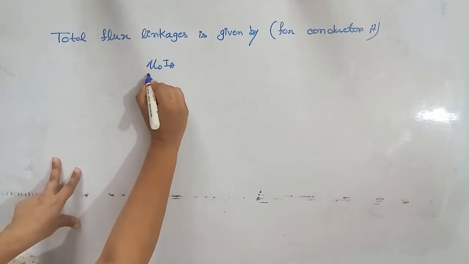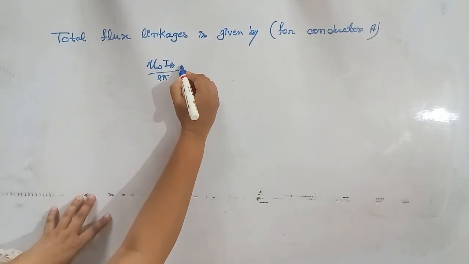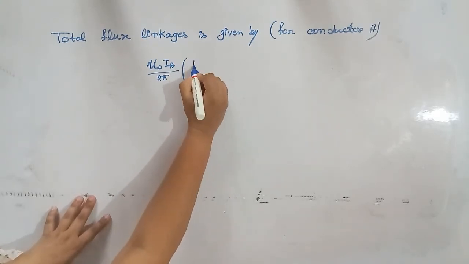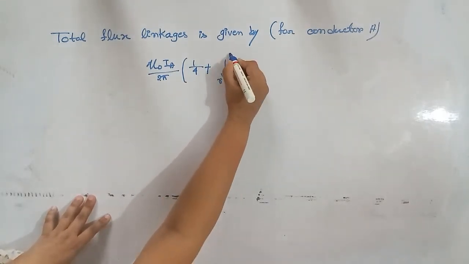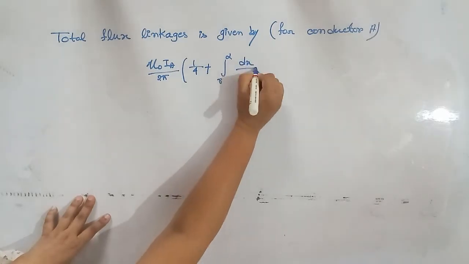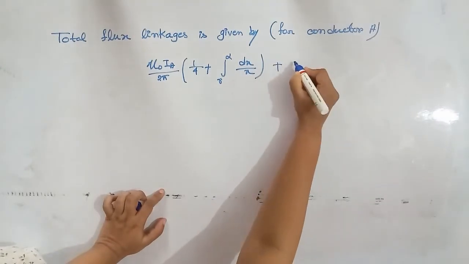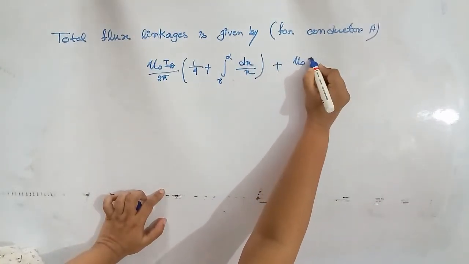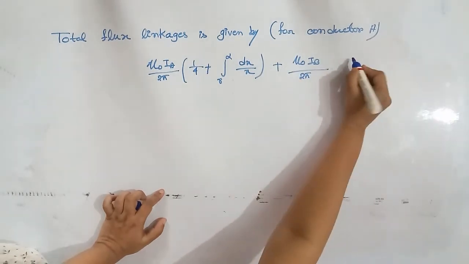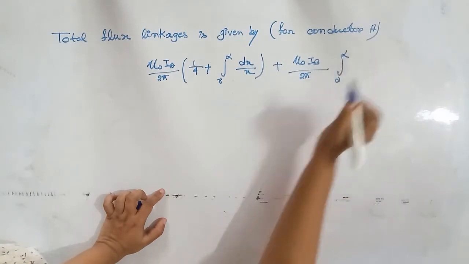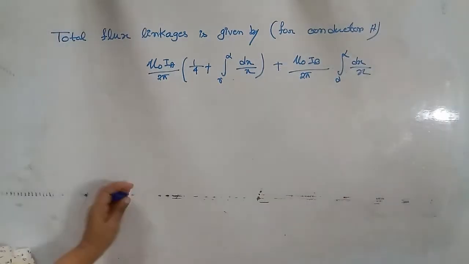mu 0 IA by 2 pi, 1 by 4 plus integration R to infinity dx by x, plus mu 0 IB by 2 pi integration d to infinity dx by x.